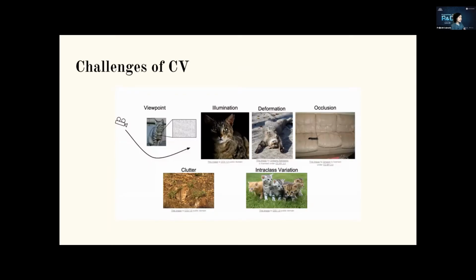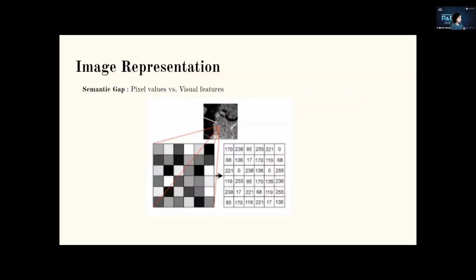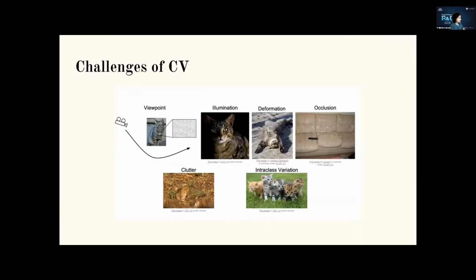So why is computer vision challenging? There are many factors, but the most fundamental idea is called the semantic gap. When we look at an image, say an image of a cat like this, we as humans perceive, okay, these are the eyes, these are the ears.